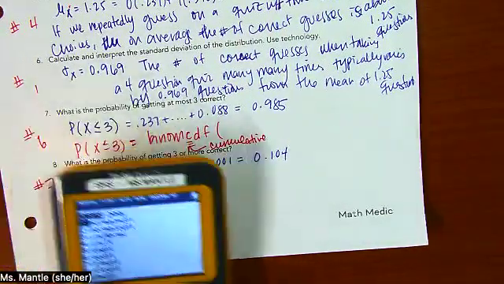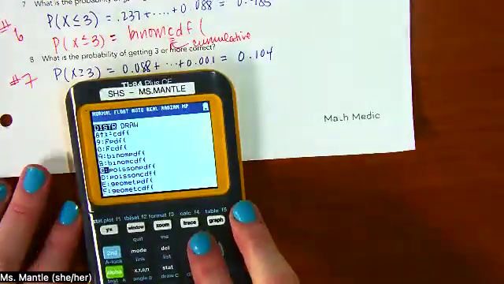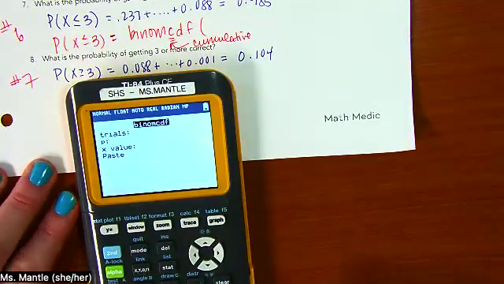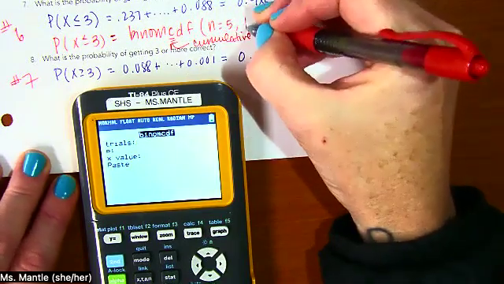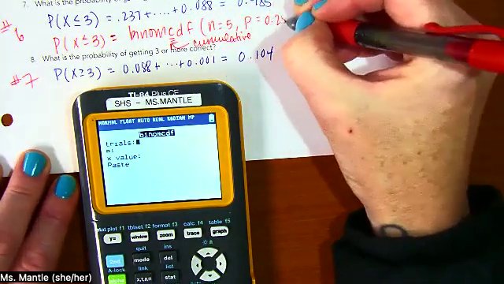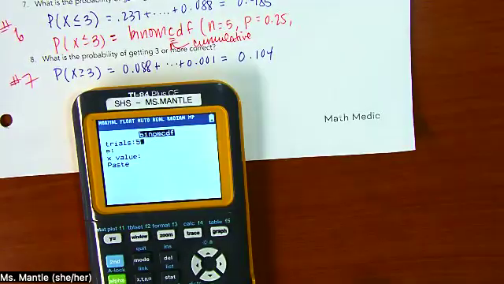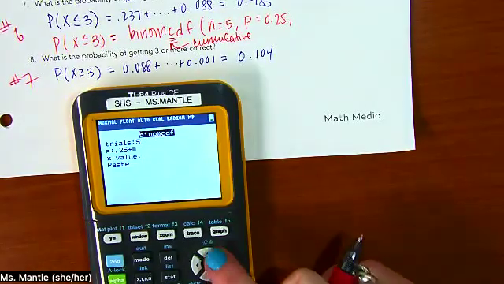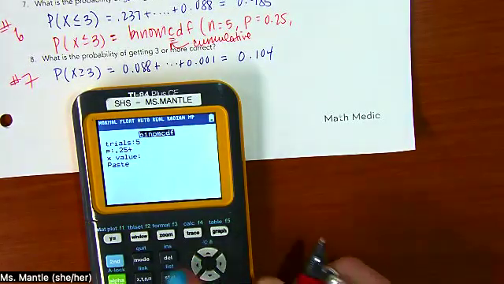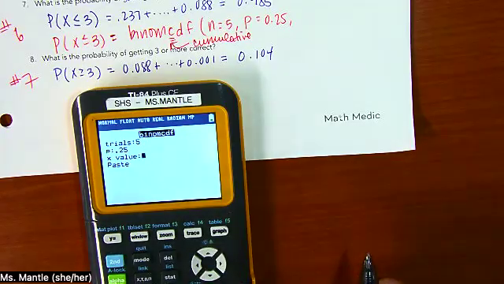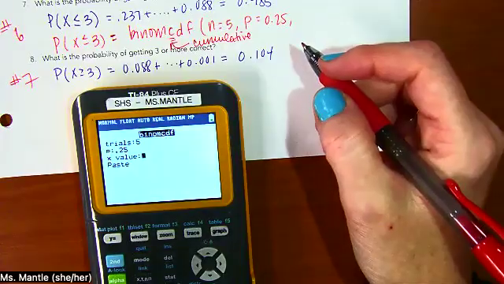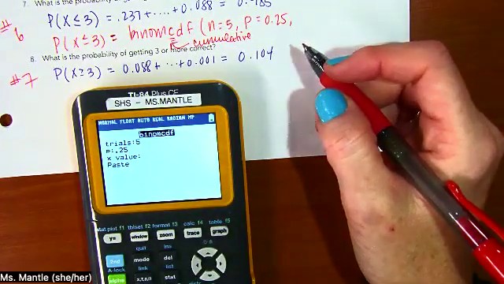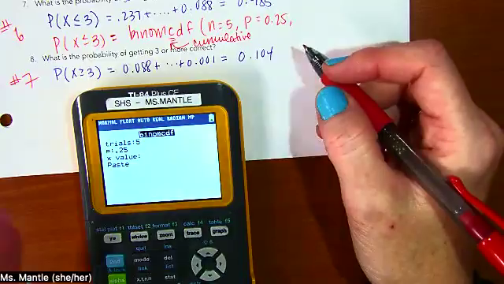Okay, so let's see what that looks like. Second vars. And if I go to binomial CDF, so the number of trials is 5. My P probability of success is 0.25. And then my X value. Okay, so this, whoops, delete. My X value. This is which value of X are you including starting from 0 and stopping at?